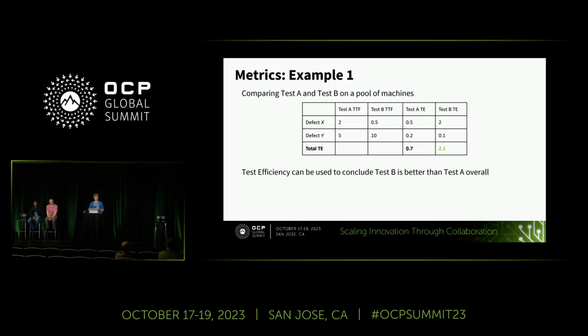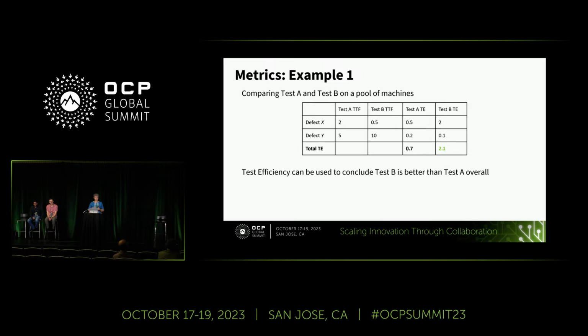And you can see that as we calculate the test efficiency and the total test efficiency, test A seems to be the test that is less efficient. Test B is highly efficient, but it is highly efficient because it detects one of the defects very fast. So you may say, well, maybe I wouldn't choose that test because it's only efficient for defect X.